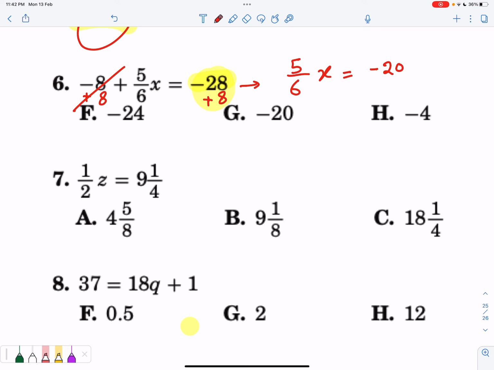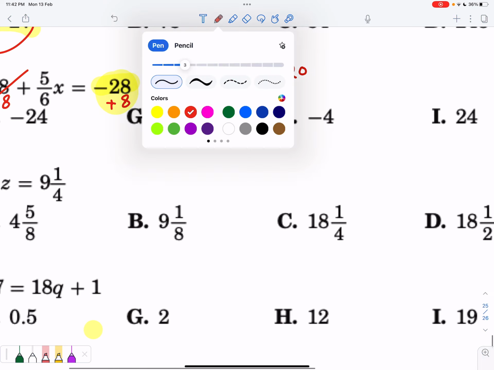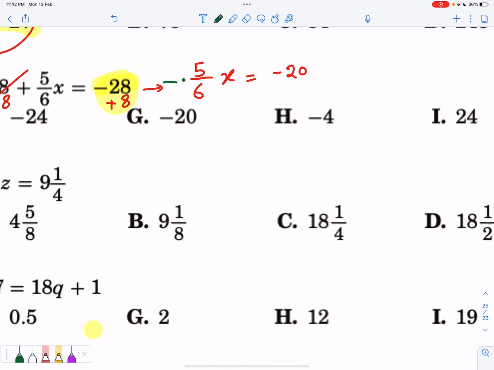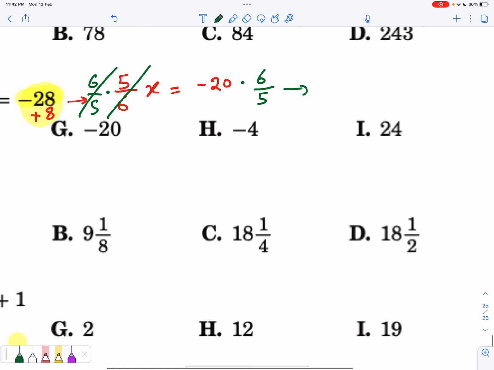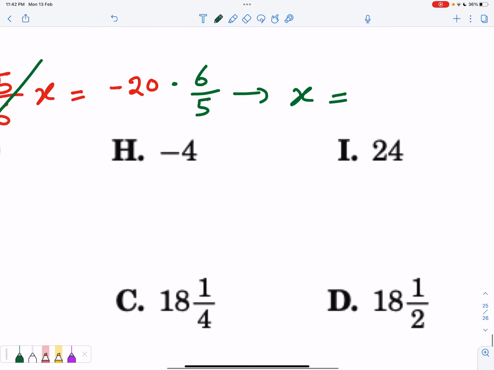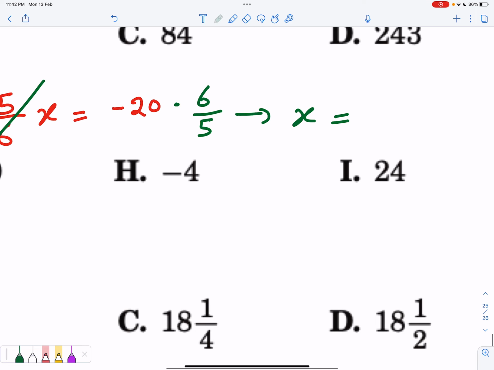Now to solve that, we should multiply both sides by the inverse of that fraction. So by 6 over 5 both sides. This will go with that. So here we will just have x equals. Now, you have 20 multiplied by 6 divided by 5. You can say that this 20 is equal to 5 times 4, right?